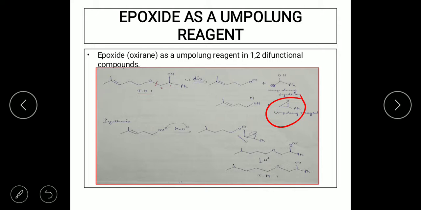And epoxides, we know, can be easily used for the synthesis, wherein we can get the hydroxyl as the target molecule. So whenever we have this opportunity, always give a positive charge to the carbon atom in position 2 of the hydroxyl group. When we do it this way, we can get the epoxide as the umpolung reagent.